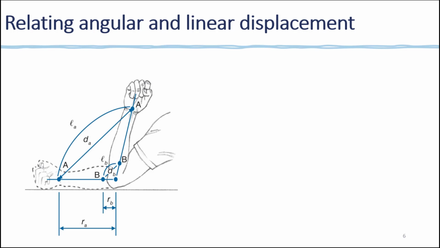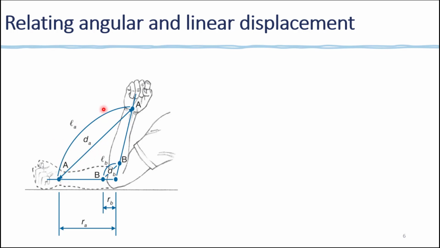This figure here represents that experiment that we just did. So point A over here is your hand, and point B is the attachment of your biceps muscle. The linear distance of the hand is represented by LA over here, and the linear distance of the biceps is LB over here. And the linear distance is the same thing as the arc length of the movement. Then the linear displacement that the hand traveled is dA.